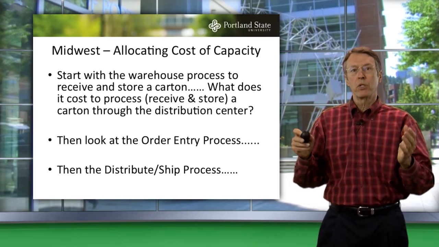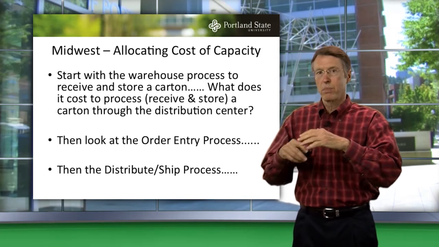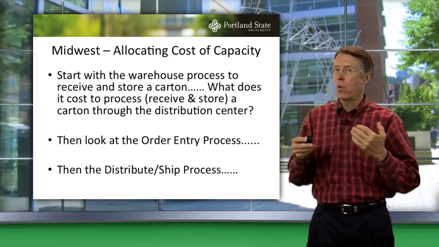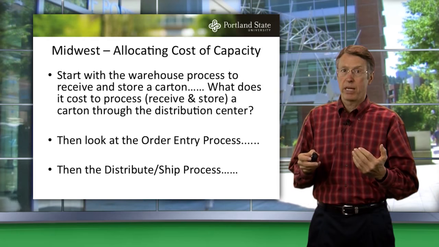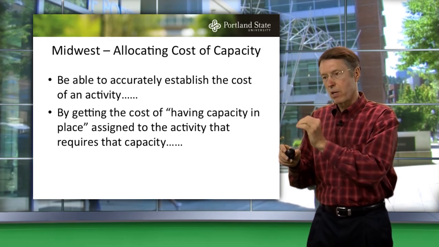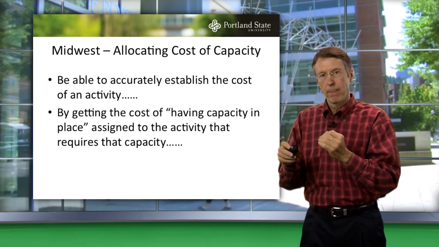What we want to be able to do here next is give them some insight into what's going on in the business by allocating the cost of this warehousing, order entry, and delivery capacity. The goal here is to accurately establish the cost of an individual activity that's taking place in the company.